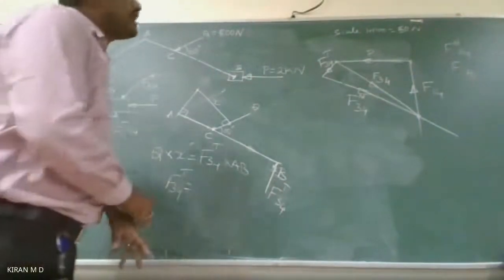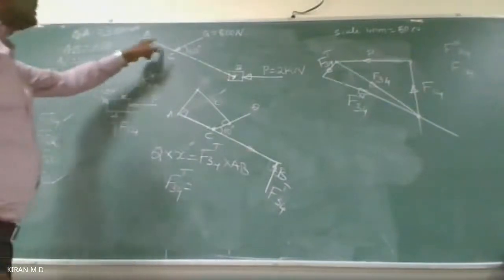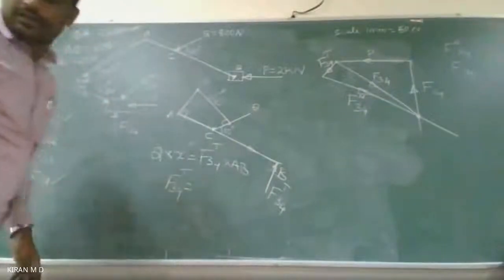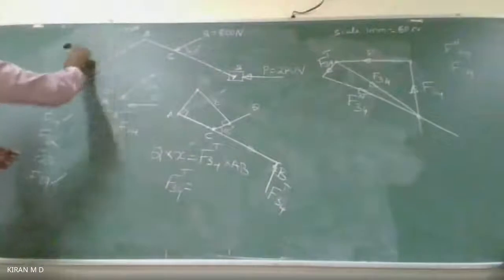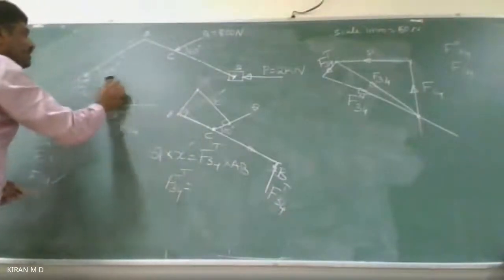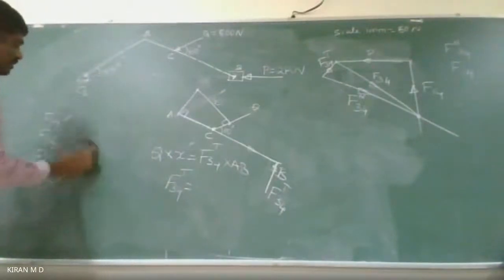How are we going to find out F12 and F23? See here, this is link 3. Just to avoid confusion, I will erase this one, and this one is over, so I will erase this also.